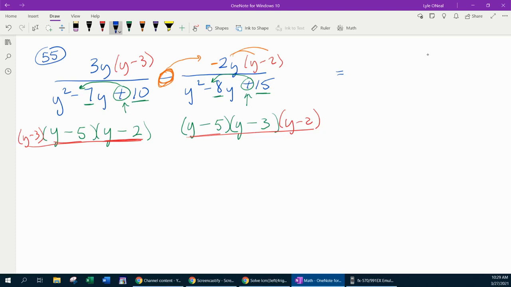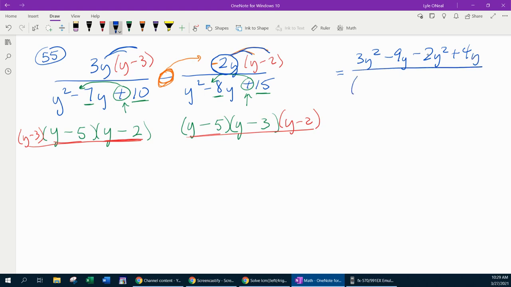All right, so let's do the distributive property first. 3y times y is going to give me a 3y squared. 3y times negative 3 is a minus 9y. And then remember, we're distributing negative 2y times y gives me a negative 2y squared. And a negative times a negative makes a positive 4y.